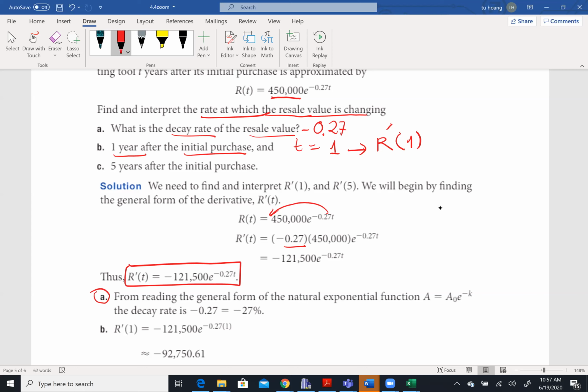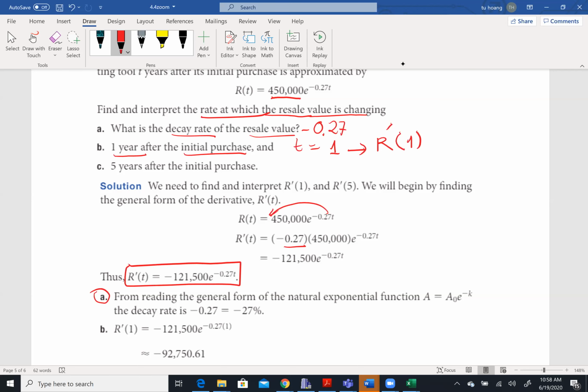So you need to find a specific point, when t equals 1 for problem B, right? So in problem B, you are looking for R prime when t equals 1. You have to plug in t equals 1 in this case.